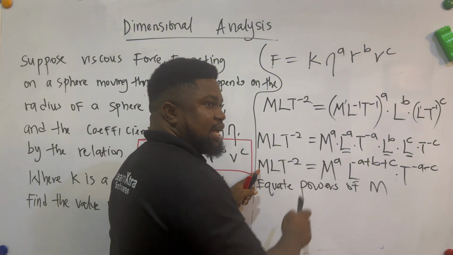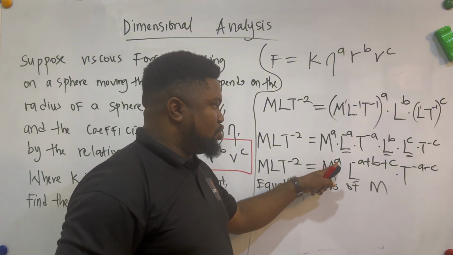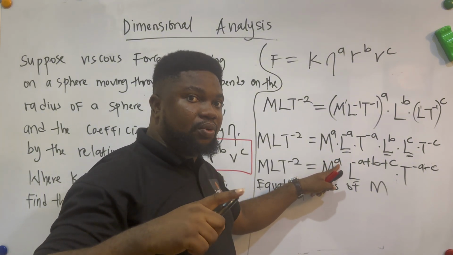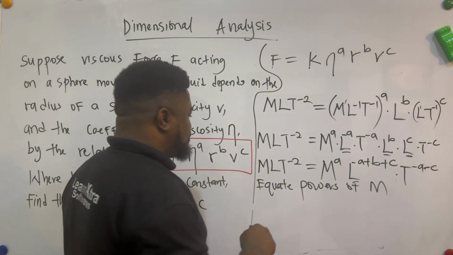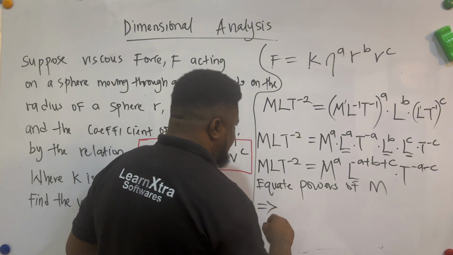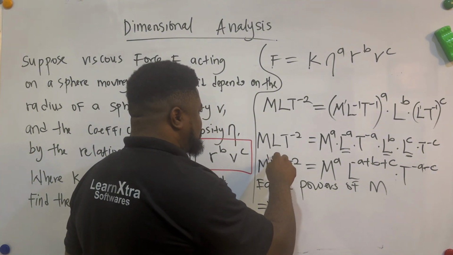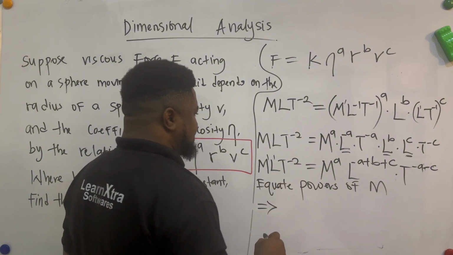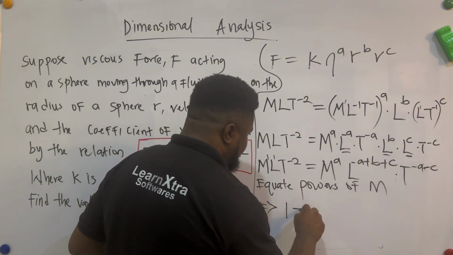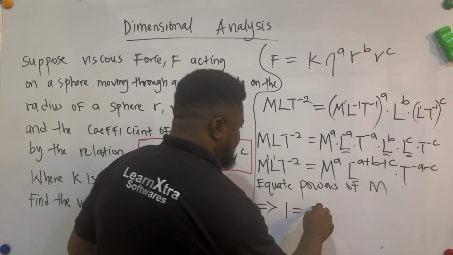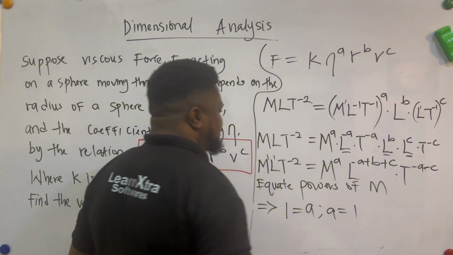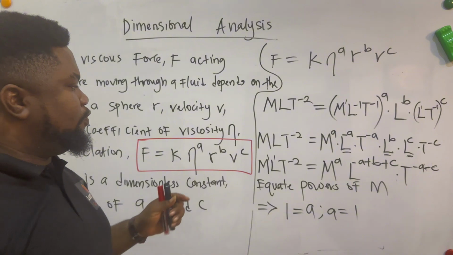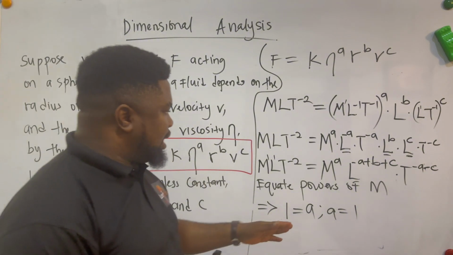Only one variable at the exponent. That's why I will go for M first. So this will mean that, here is 1, here is 1, here is minus 2. This will mean that 1 is equal to A. Yes, so A is equal to 1. We've used M to get A as 1.